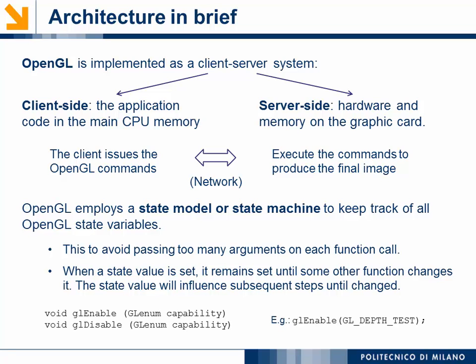Usually the commands that enable something are just glEnable with an enumerator that tells which capabilities are switched on, and of course off. In the example, the depth test is enabled, so basically the hidden surface removal for some of the surfaces inside a scene.